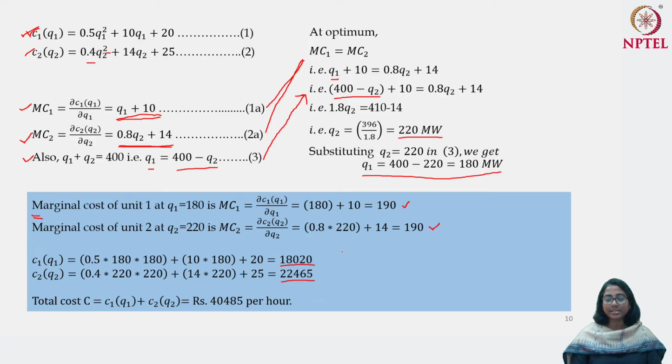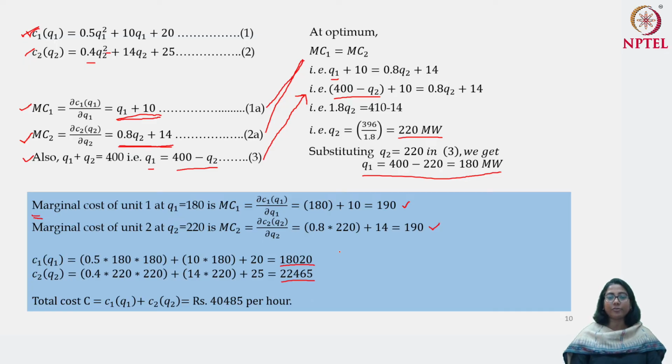Now there are certain interesting things that you can carry on along with this example. So this is the optimum allocation. What you can also do is check what will be the total cost under merit dispatch. In case of merit dispatch, you have to set some capacity for both the plants, and you run the second plant up to its full capacity if it is less than 400, and for the remaining amount you run plant 1, and then you see what is going to be the total cost.